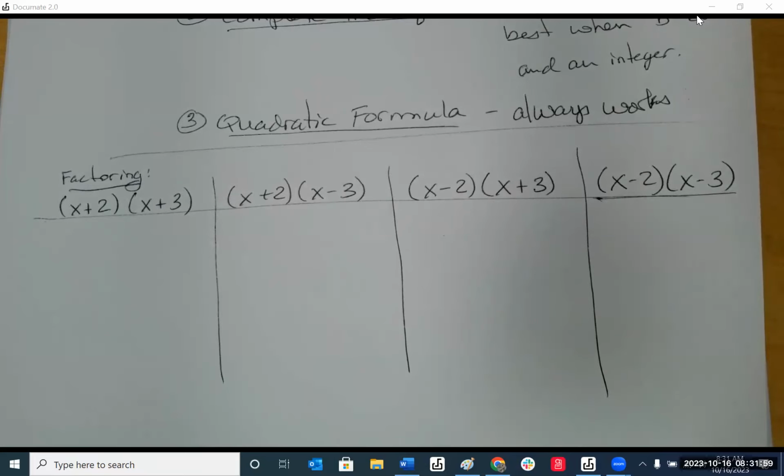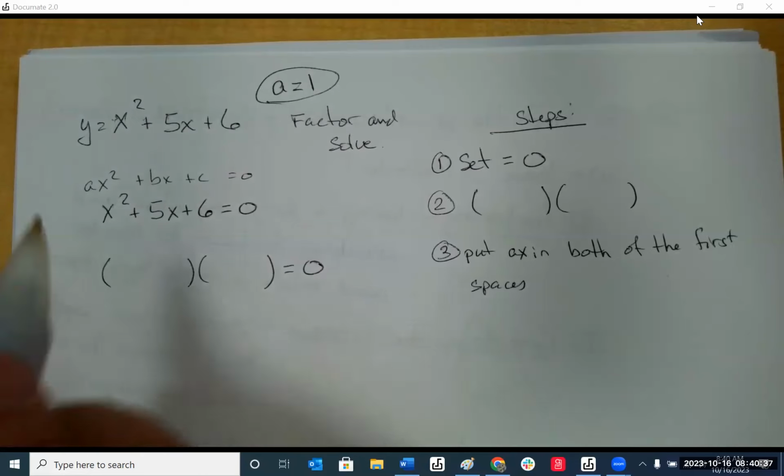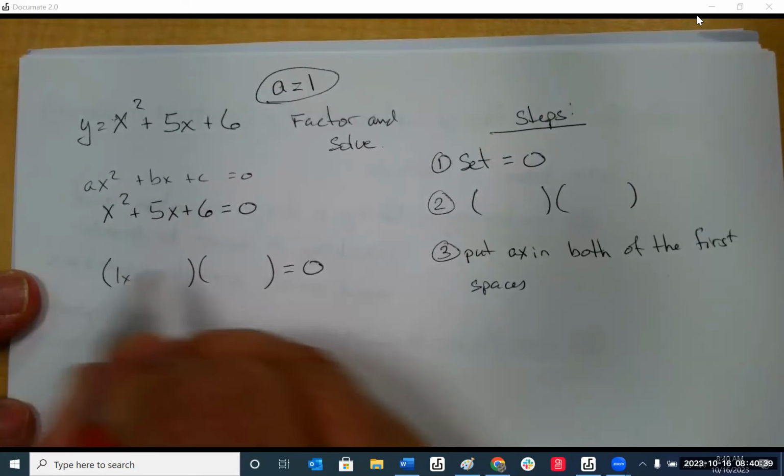Put a in both of the first spaces. Put ax, sorry, it should be ax. So what is a in our example? 1. So we put 1x and 1x.